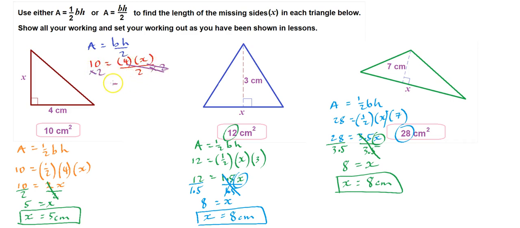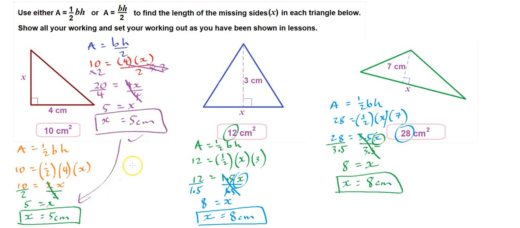This cancels out. On the right-hand side, I've got 4x left. On the left-hand side, 10 times 2 is 20. I do the opposite of timesing by 4, so I divide by 4 on both sides. This cancels out. x equals 5. So x equals 5 centimeters, and that's what I got below, so that must be correct.